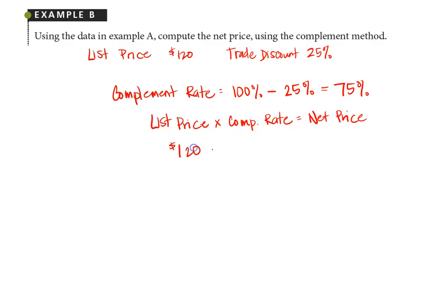So $120 times 75% gives me still $90 as the net price. This is just a different way of calculating it. So just be very careful if it asks for different questions, what the complement rate is or what the discount amount is. Be sure that you're able to calculate that.